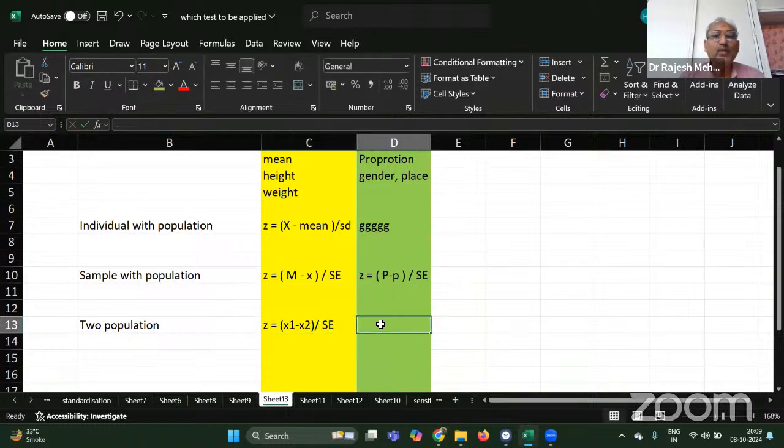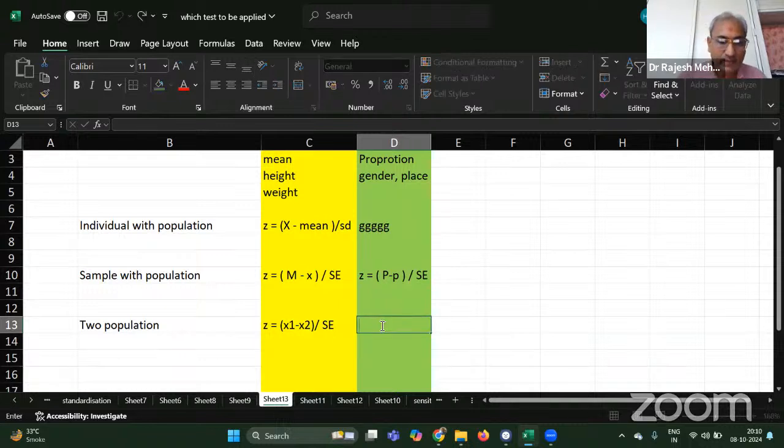And when you want to compare two population proportions, for example, in Bangalore city, how many people are suffering from dengue versus in Bombay city, how many people are suffering from dengue. So we want to compare whether there is a significant difference or not in suffering from dengue between two cities.